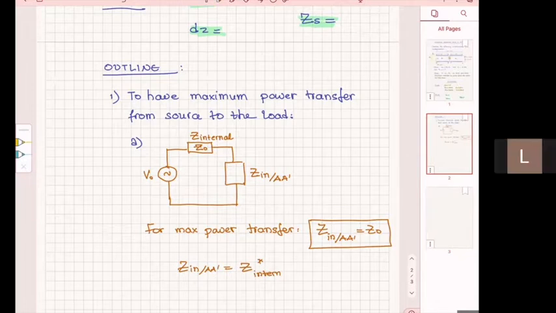Okay, that makes sense. And that is called complex conjugate matching.